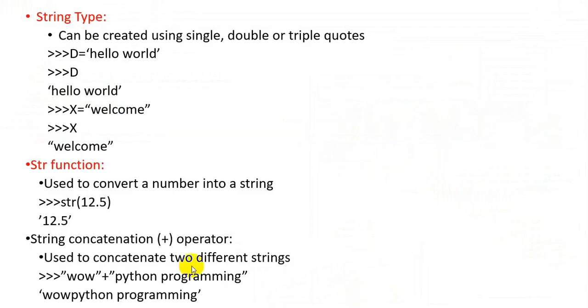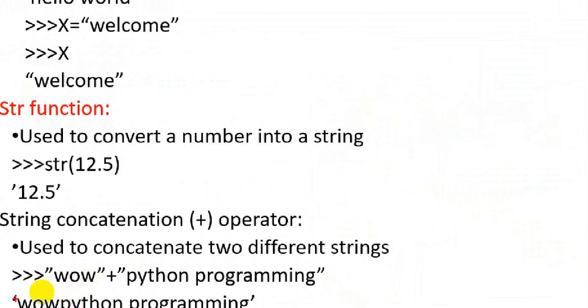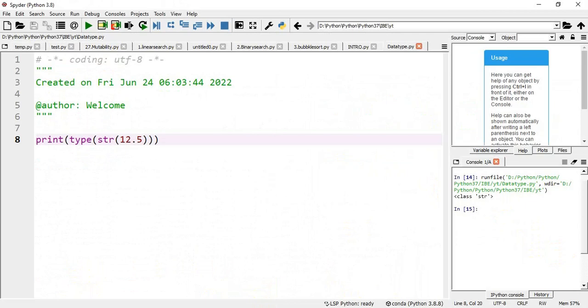Next, concatenation. Concatenation uses the plus operator to concatenate two strings. For example, I have 'wow' plus 'Python programming', which will give the result 'wow Python programming'. I will show it here. a equal to 'wow' plus 'Python programming'.